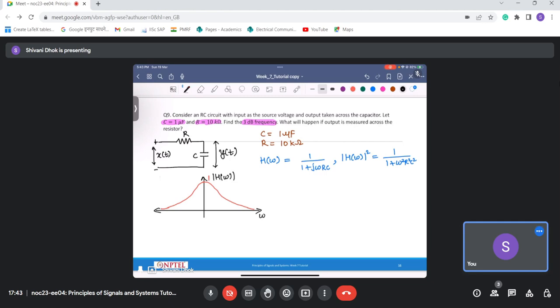So this is, let's say, my mod of H of omega. This is the omega axis, and the 3 dB point was also derived. So let's say this is 1 by root 2, then this is omega 3 dB.